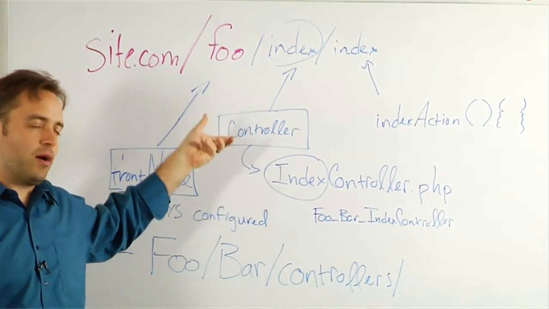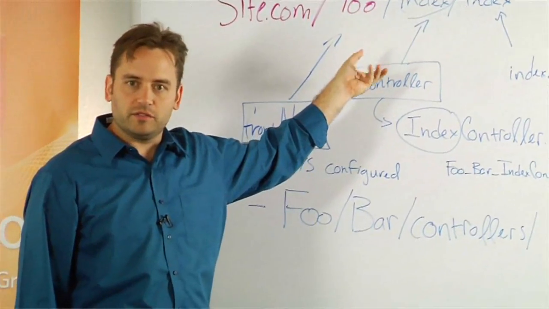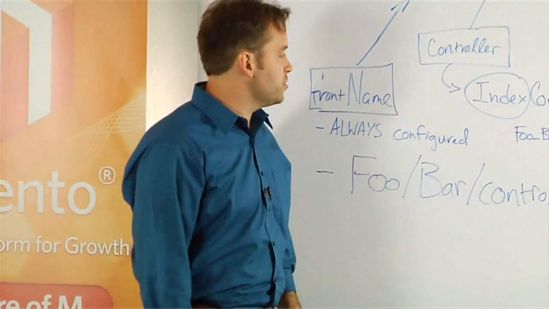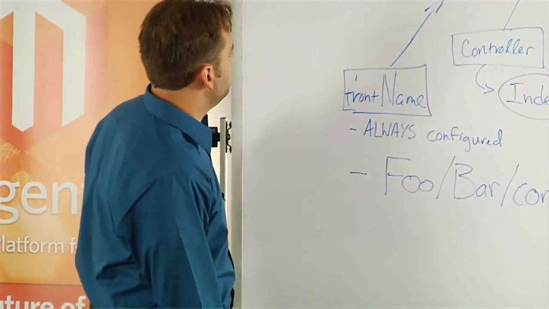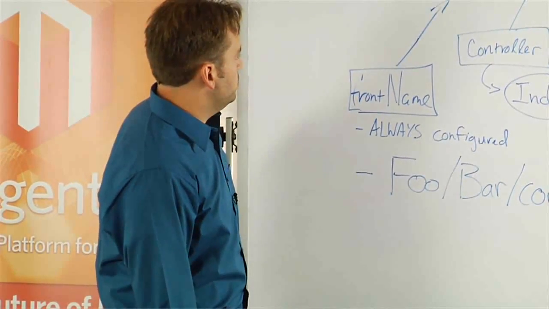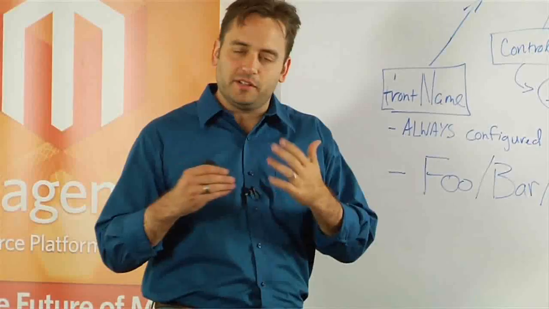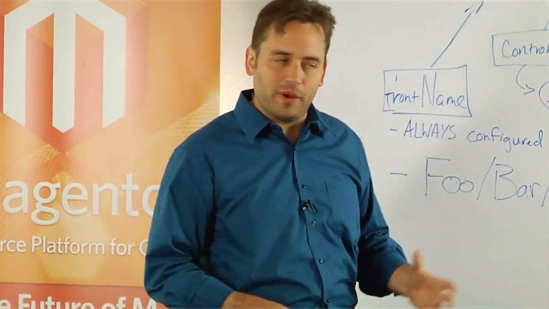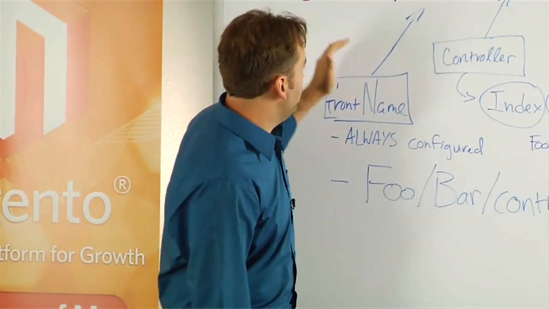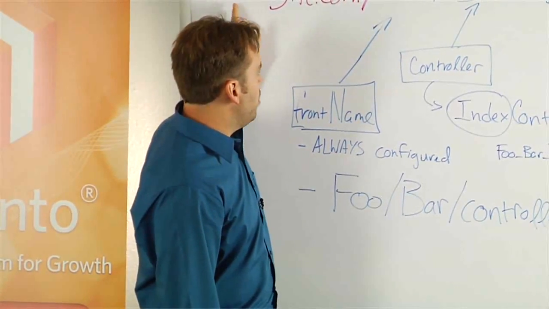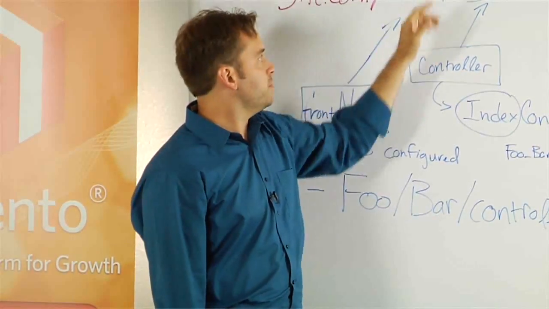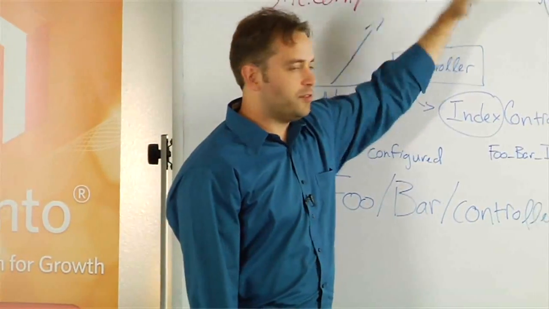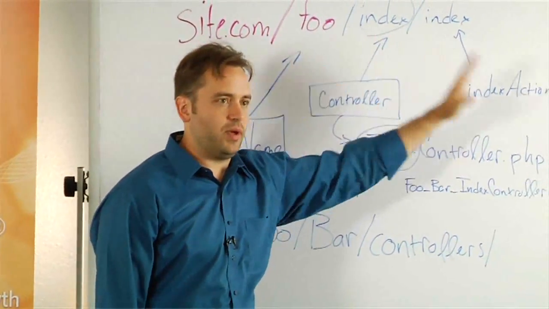Most of the time, you're probably going to have just this one level of controllers. But yeah, we'll take a look at that in just a second. So, yeah, that's actually a good kind of intuition about what the system's going to do with this. Again, up to this point is configuration, okay? And that's the front name. After this point, it's all just file system paths.